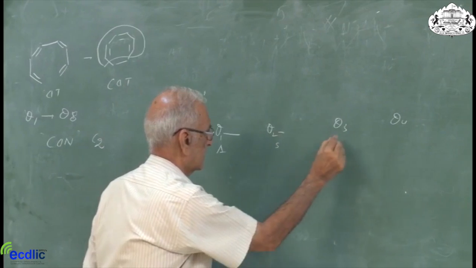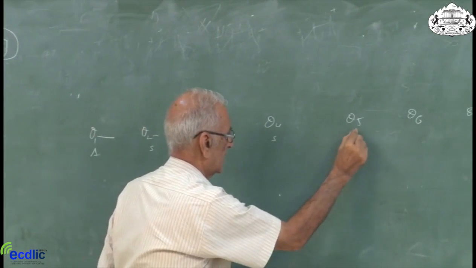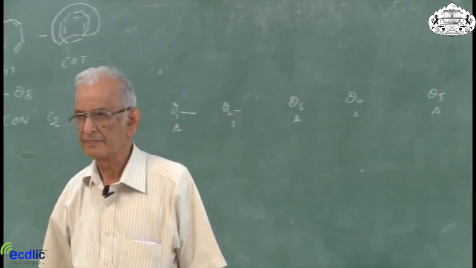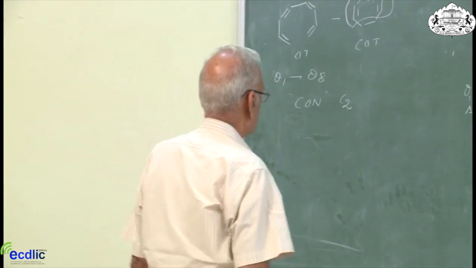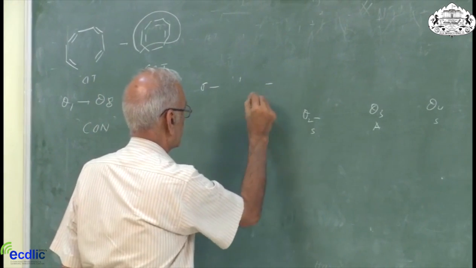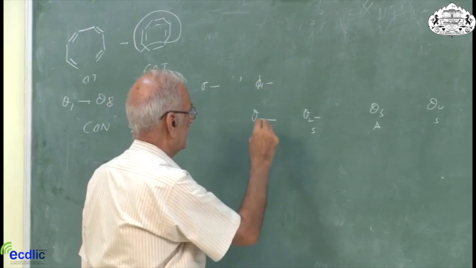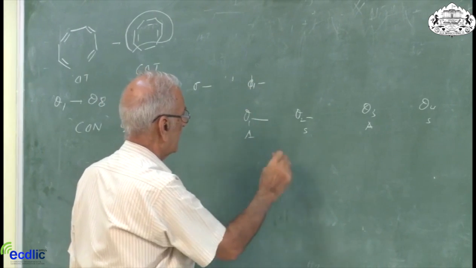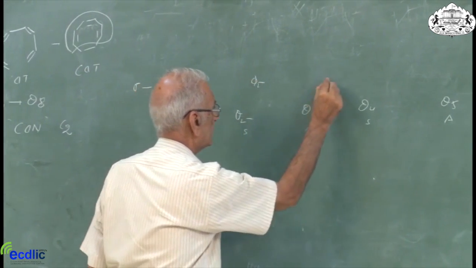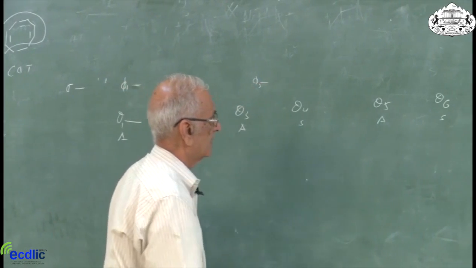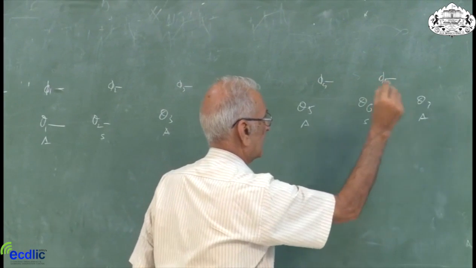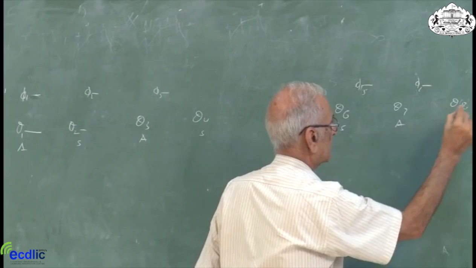A, S, A, S, A, S, A, S. This is your sigma, this will be your phi 1, phi 1 is between these two, phi 2, phi 3, phi 4, phi 5, phi 6.